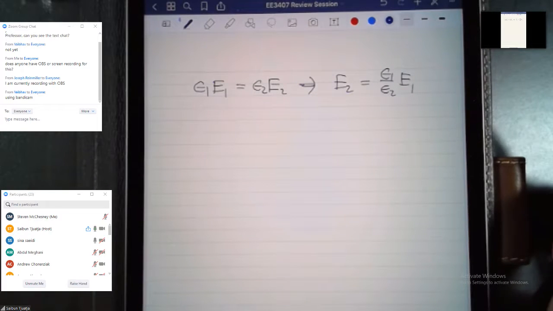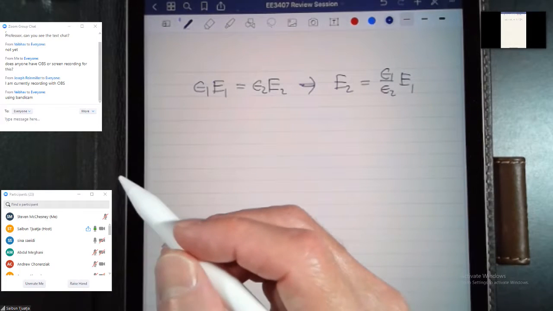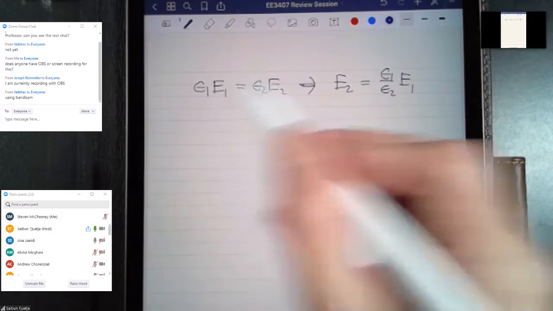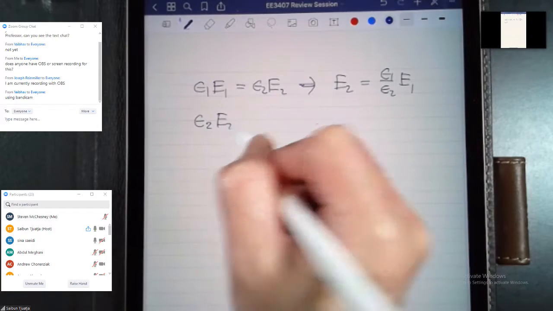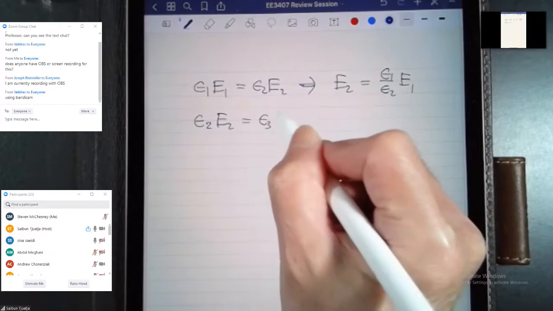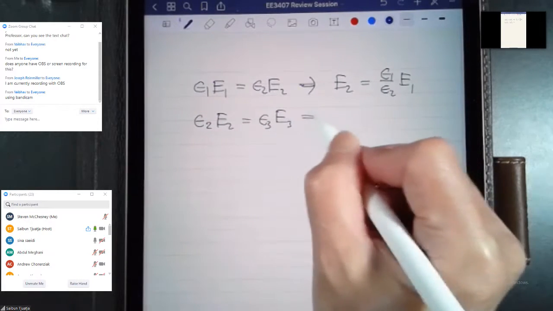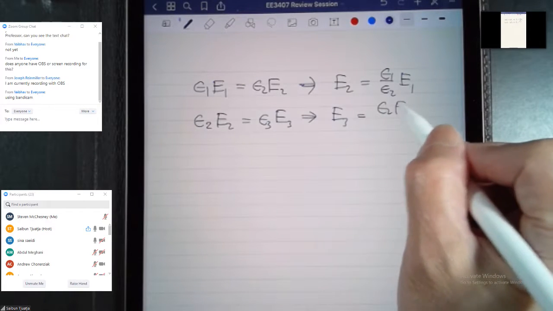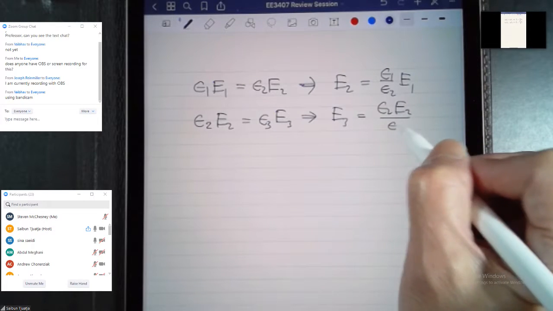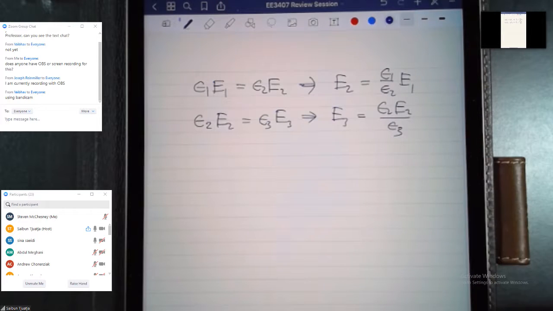Any questions? I can also do the same thing at the third boundary: epsilon 2 E2 equal to epsilon 3 E3. Therefore, my E3 is epsilon 2 E2 over epsilon 3, right?